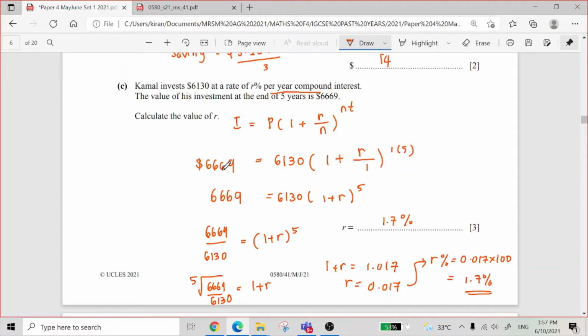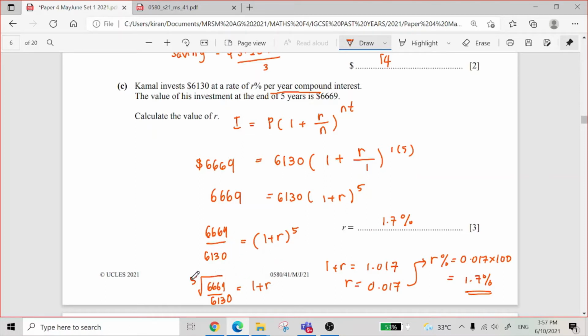And this is the investment after 5 years, and this is the initial investment. Initial means the first money that he put into the bank. So for this part we get 1. We calculate this one, and we put 6,130 to the other side.